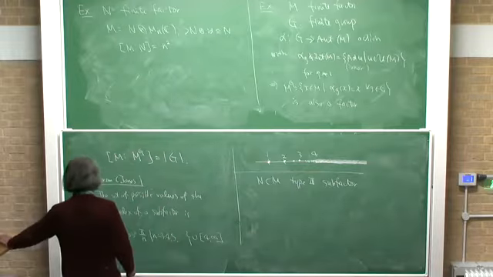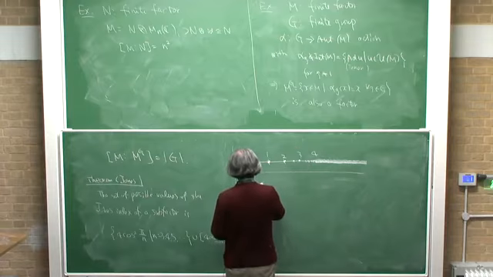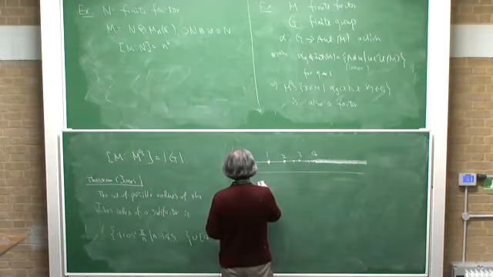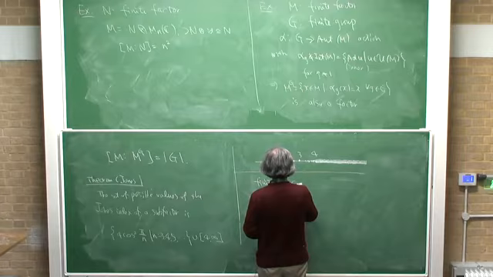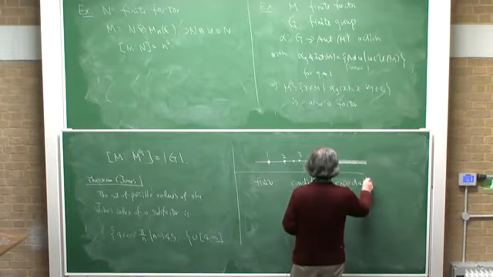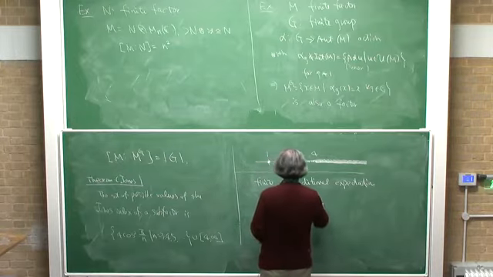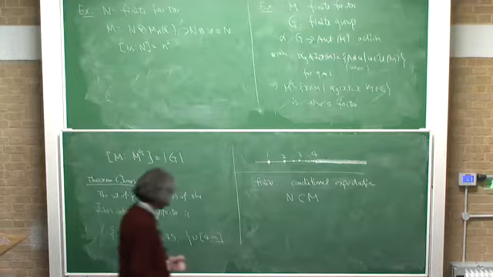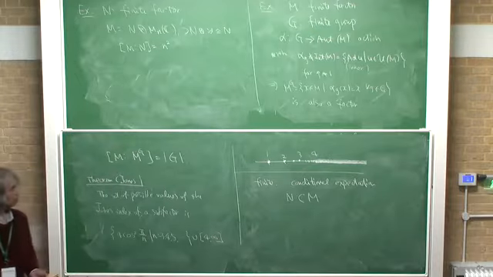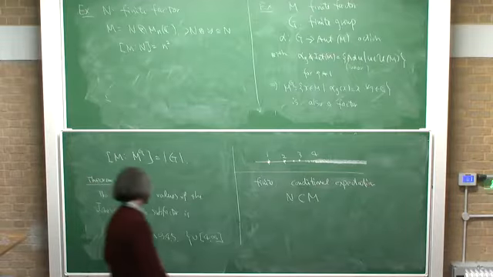Before this, I should start, sorry. In the finite case, we have a notion of conditional expectation. Suppose we have a finite subfactor N in M where both are finite factors.